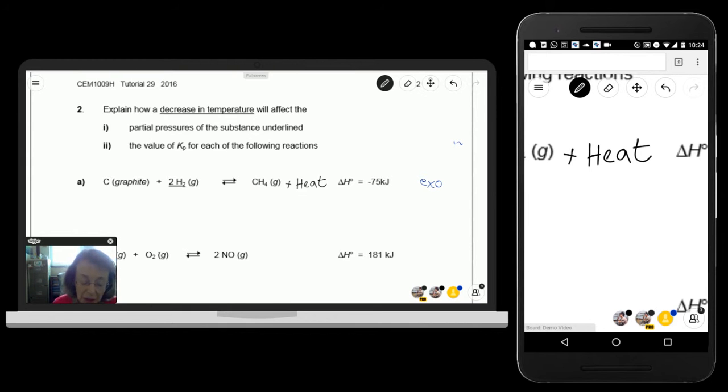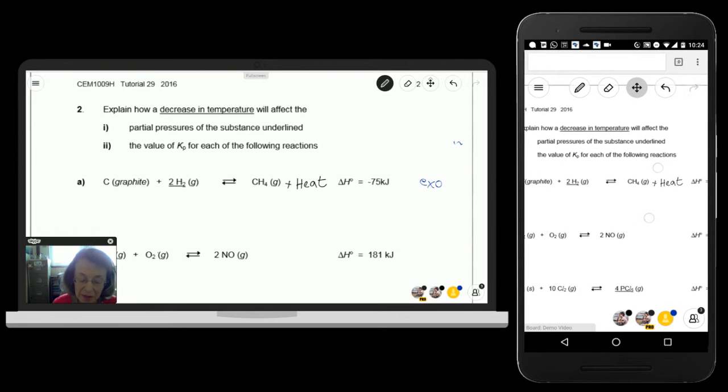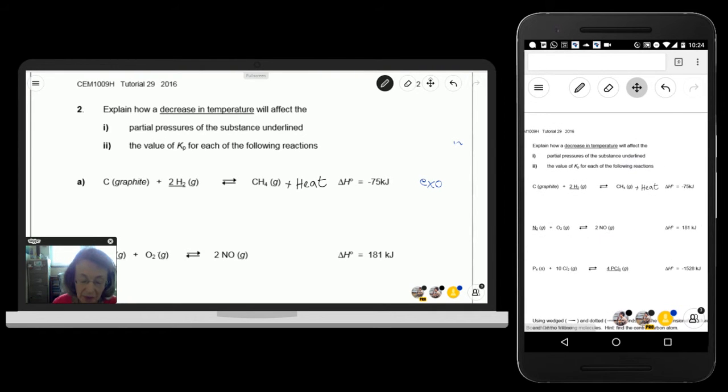It says how a decrease in temperature will affect the partial pressures of the substance underlined. Just to refresh your memory, partial pressure is really related to the concentration because this is a system of gases. So if we decrease the temperature, what's going to happen to the partial pressure? Well, since it's reacting and going forward, it should be being used up, right?